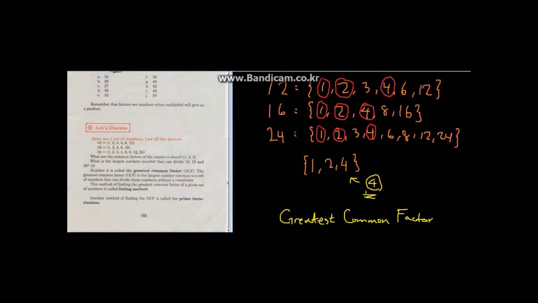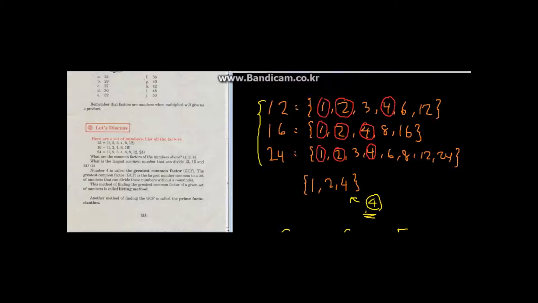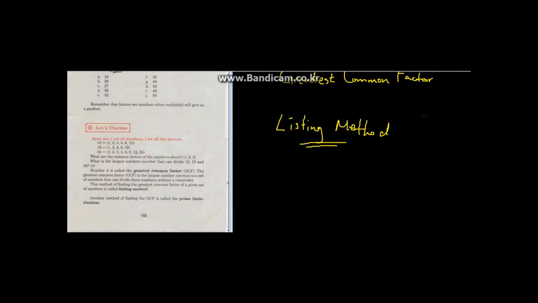This method of finding the greatest common factor is called the listing method, as written in the book. Basically you are writing down all the factors in a list, so it's called the listing method.